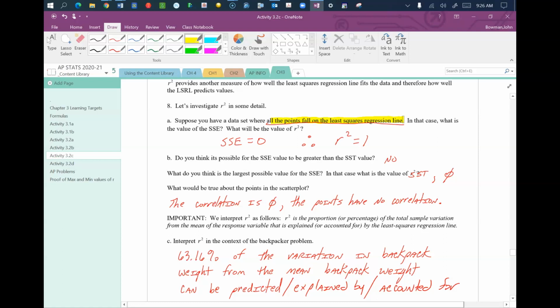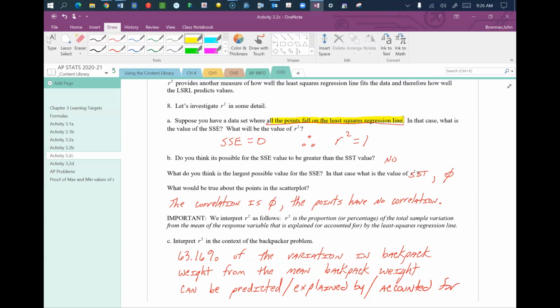Question B, do you think it's possible for SSE to be greater than SST? Well, SST are the total deviations from the average value, and either some of that or none of that can be predicted by the least squares regression line. If none of it can be predicted by the least squares regression line, then SSE would have to be the same as SST. So SSE could never be bigger than SST.